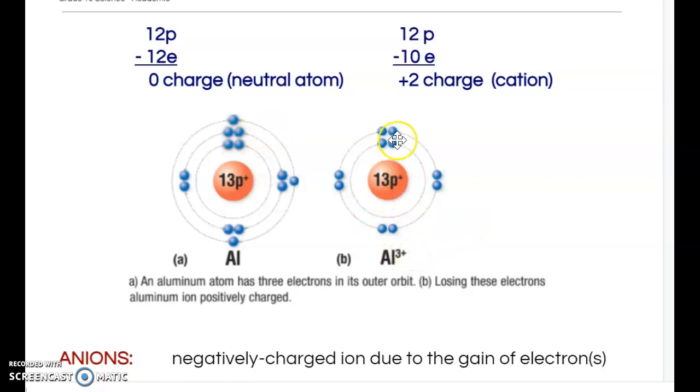There are 13 electrons in the unstable atom, and 13 protons. And then with the stable atom, the noble gas looking atom, you're left with 13 protons minus 10 electrons, and you're left with a positive 3 charge. I hope that makes some sense to you.